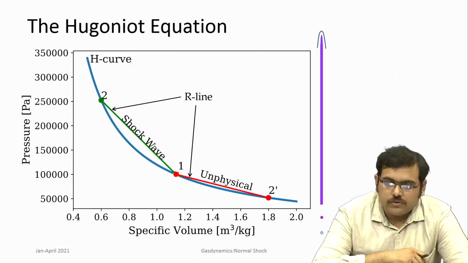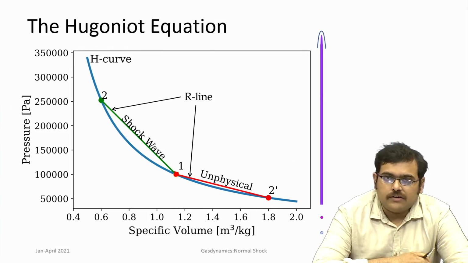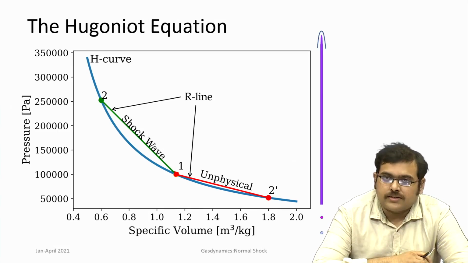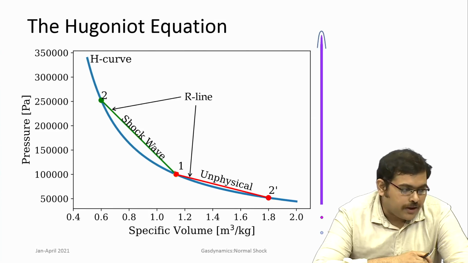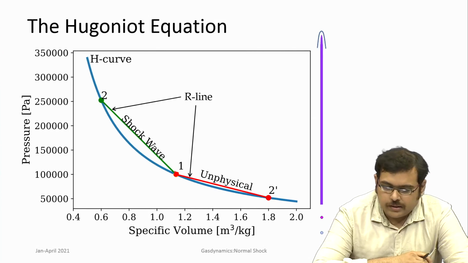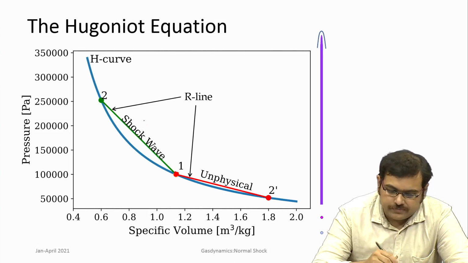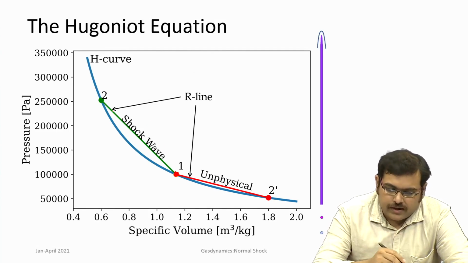And now how do we get to a particular shock? If you know a particular velocity, or you know the particular Mach number, for that we draw what is known as the Rayleigh line. This is the Rayleigh line.